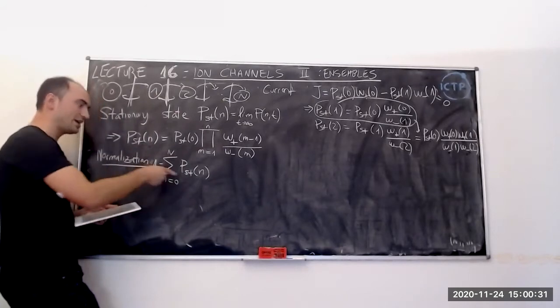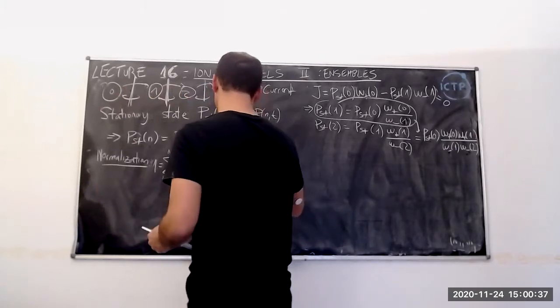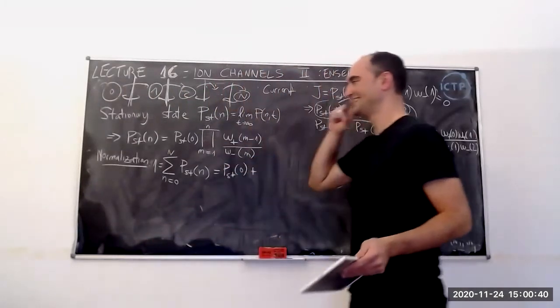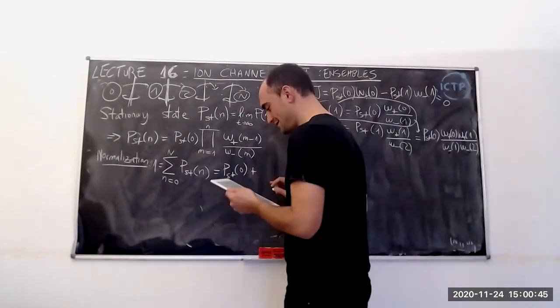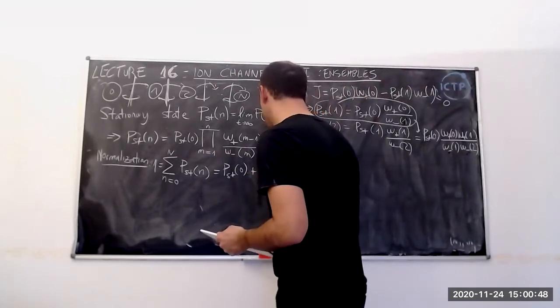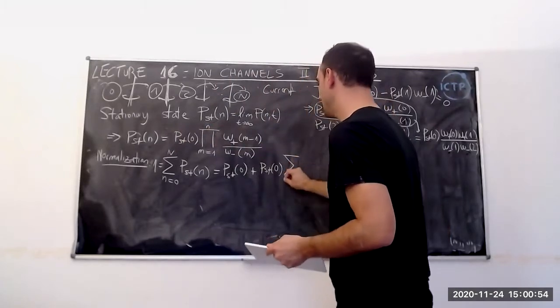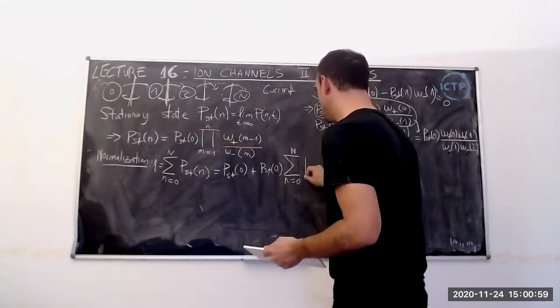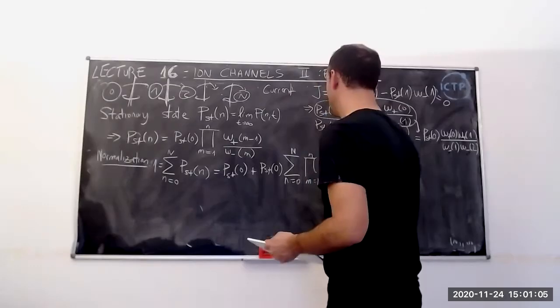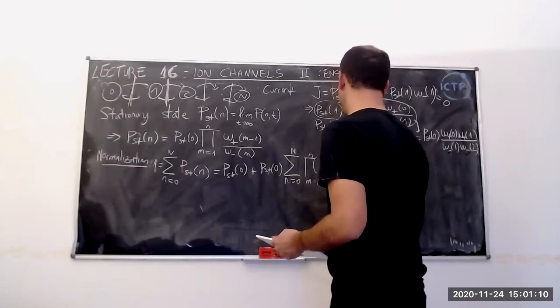Okay, and what is this? So we know this is P stationary 0 plus the sum of all the rest. And the sum of all the rest is P stationary 0 times the sum of n equals 1 to N of this guy, which is the product from m equals 1 to n of omega plus m minus 1 divided by omega minus m.